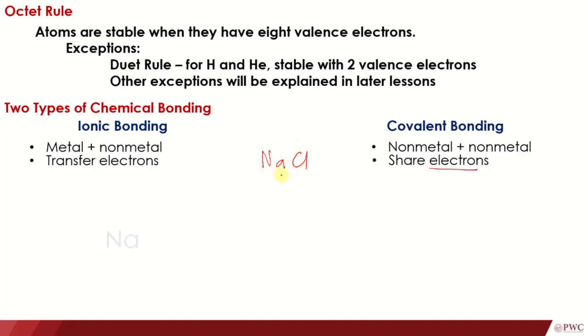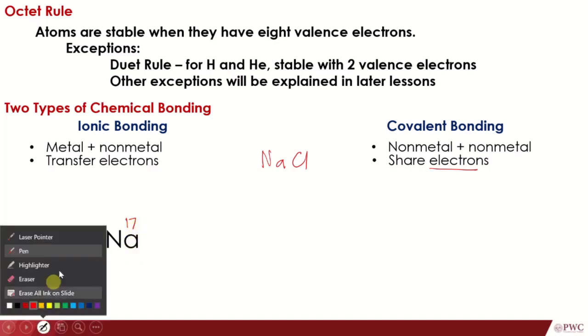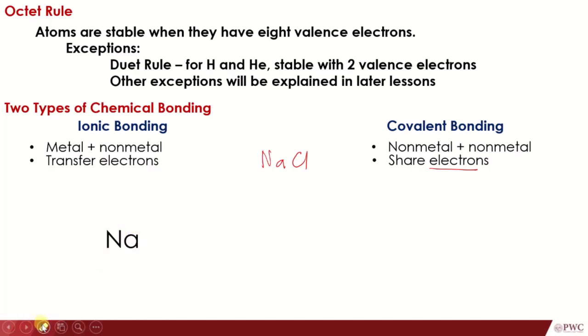Let's start with sodium. If you check the table of elements, sodium has an atomic number of 11. Again, an atomic number of 11 means it has 11 protons and also 11 electrons. So again, sodium has 11 electrons.